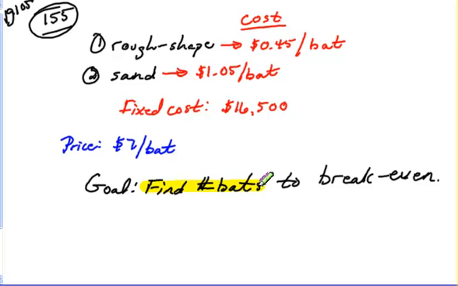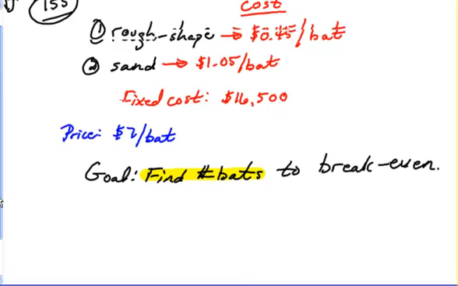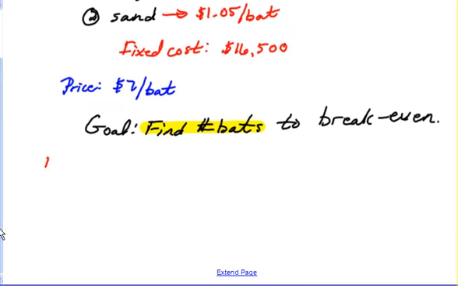Number of bats. A lot of times if you look at what it's asking you, that will also help you decide what X should be, what you should let it stand for. So for clarification, I'm going to write it. That way when I set up my formulas, I don't make any mistakes about how I use this X. Let X equal number of bats.